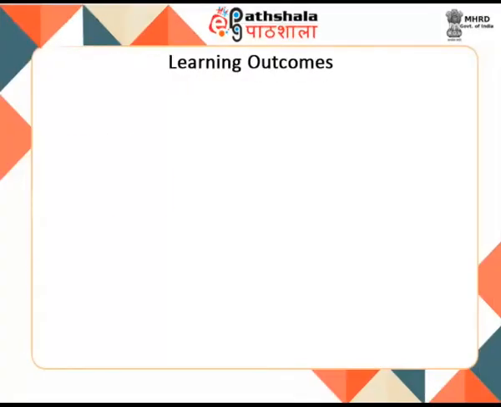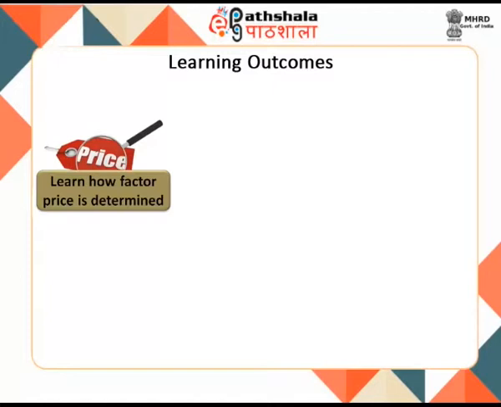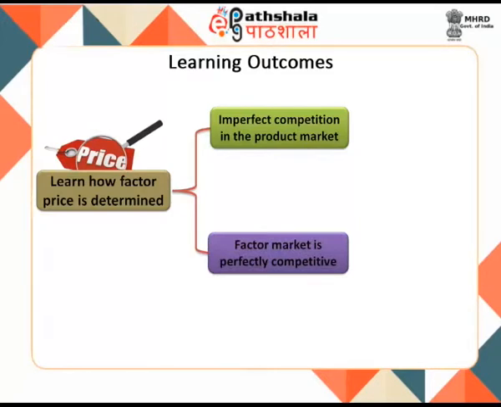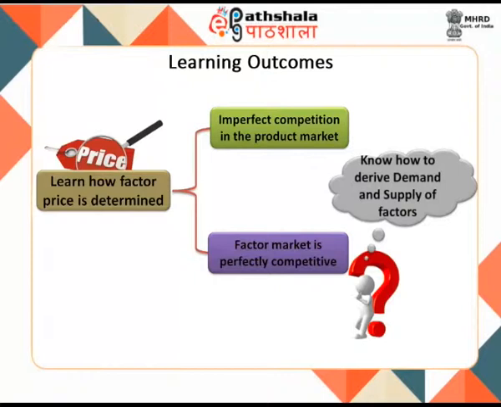Now when we talk about the demand curve for labor, we need to consider the assumption of perfect competition in the product market. In this module, we will learn how factor price is determined when there is imperfect competition in the product market while the factor market is perfectly competitive, and how to derive demand and supply of factor.